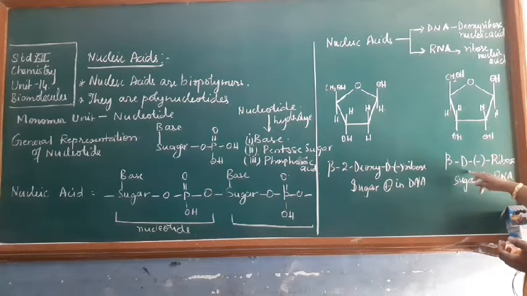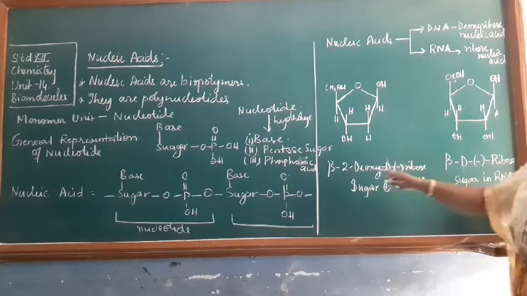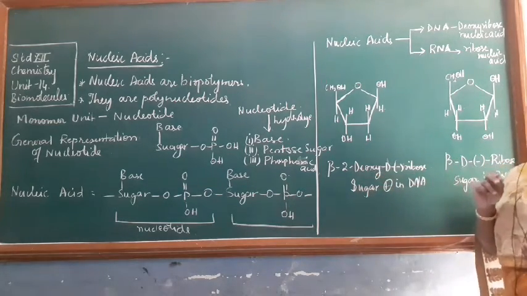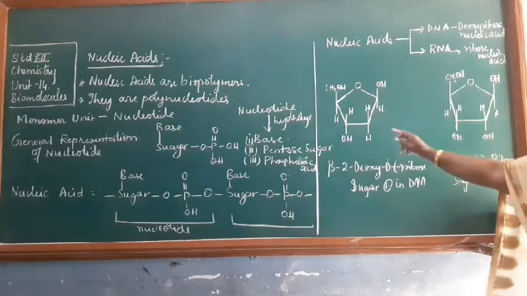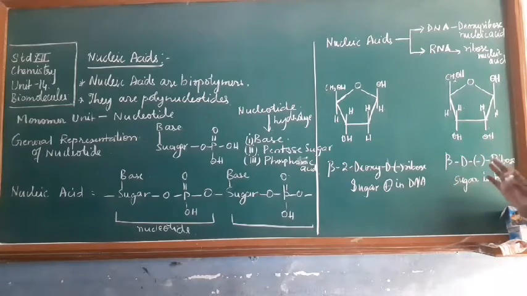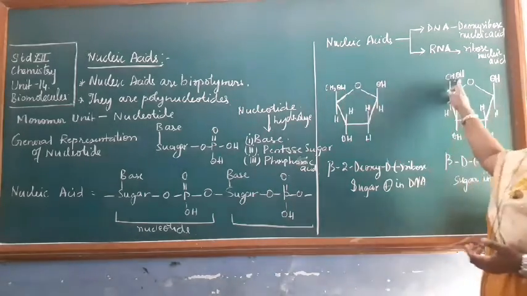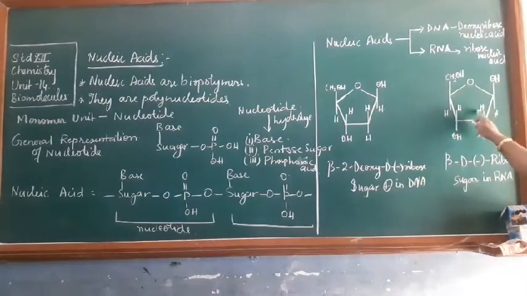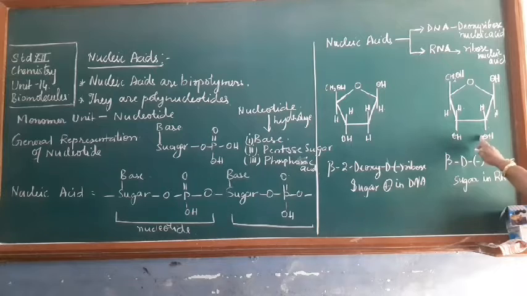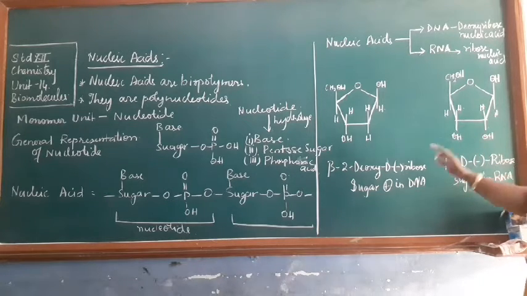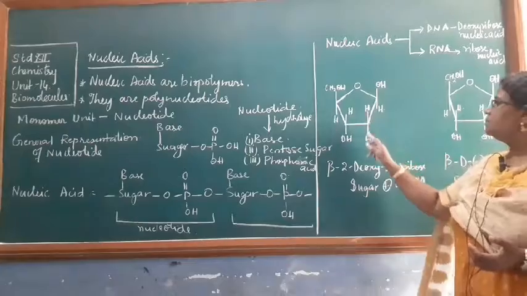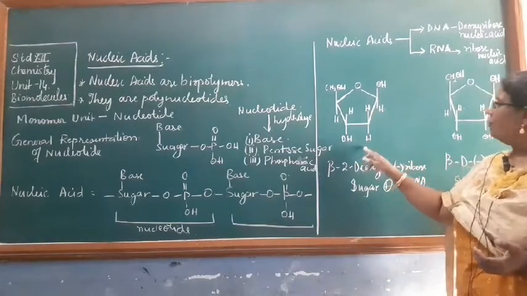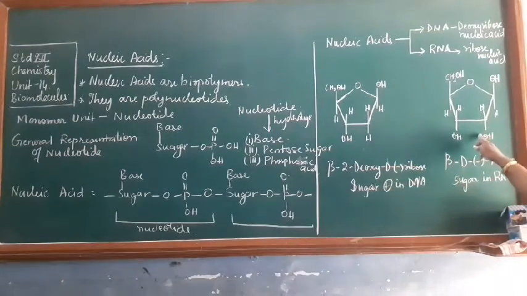So here the sugar present is beta-D-ribose, and here beta-2-deoxyribose. What is the difference between these two? What do you observe? Is there any change? Here also you have CH2OH, here also CH2OH, OH and H. In the second carbon, in the case of deoxyribose, it is both H, while in the case of ribose, it is H at the plane above and OH at the plane below.